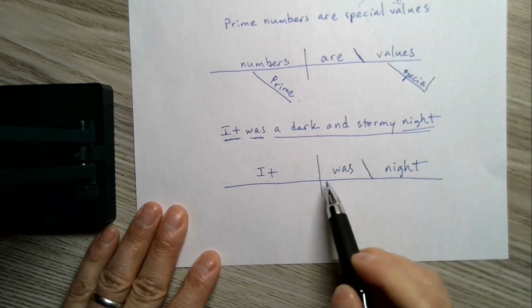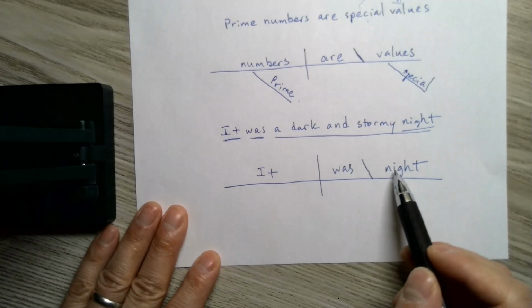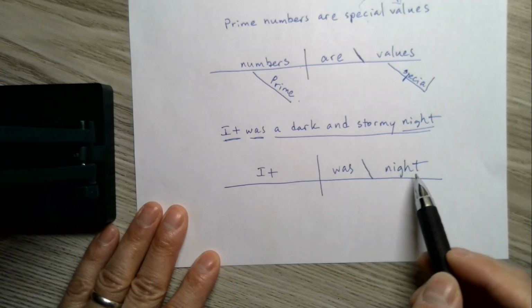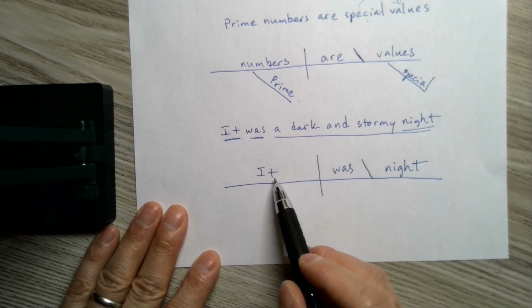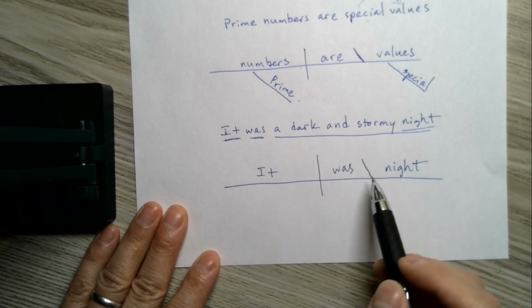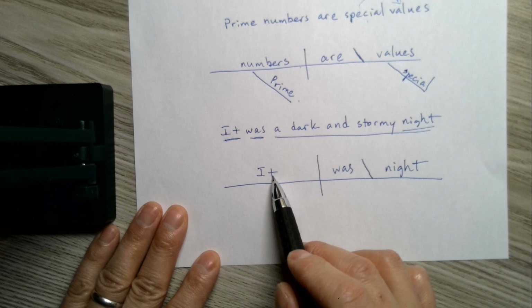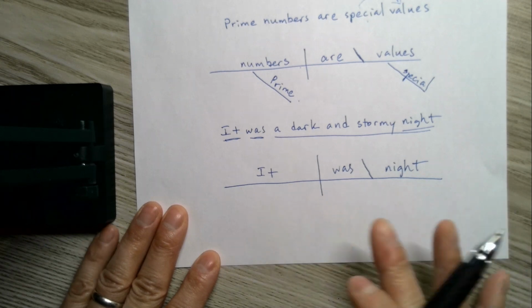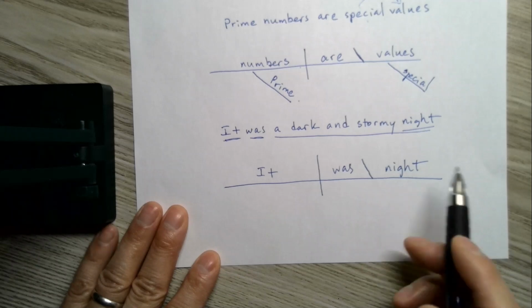If you're ever having trouble figuring out what word is the predicate nominative or the predicate adjective, just ask yourself, could I replace the word it with the night and not lose much meaning of the statement? Then that's where the night goes.